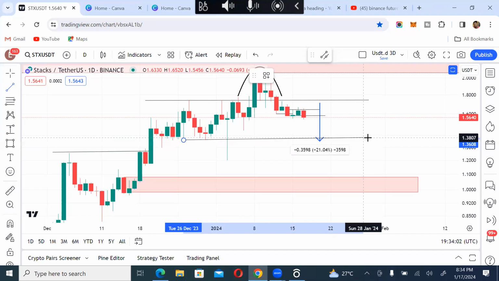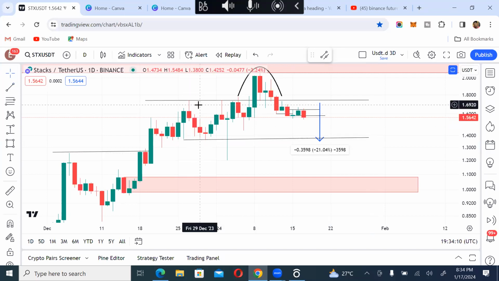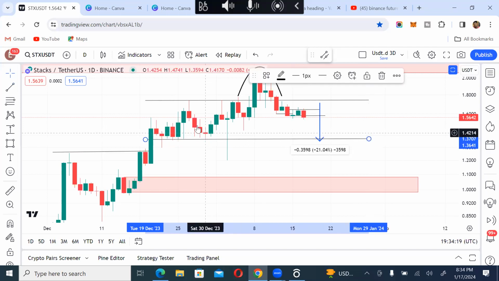This is our range low. Now, I know some of you will ask, how do you draw this range high and range low? The point where you have an impulsive move, please pay attention. The point where you have an impulsive move, either to the up or downside, is where you draw your range line from.